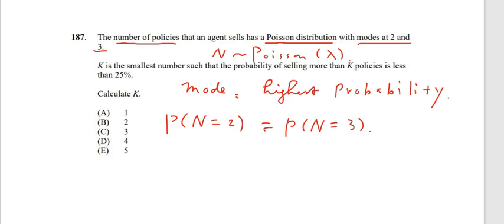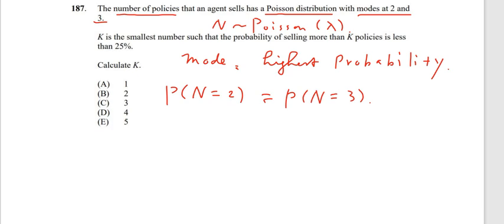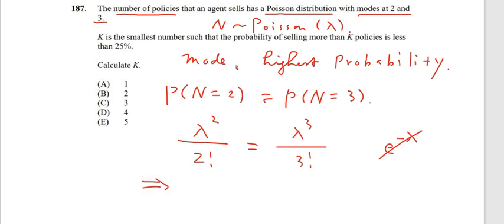Therefore for the Poisson distribution, P(N=k) is equal to e^(-lambda) lambda^k over k factorial. So lambda squared over 2 factorial equals lambda cubed over 3 factorial. The e^(-lambda) cancels, right? So from here we can solve this easily. We get lambda equals 3.